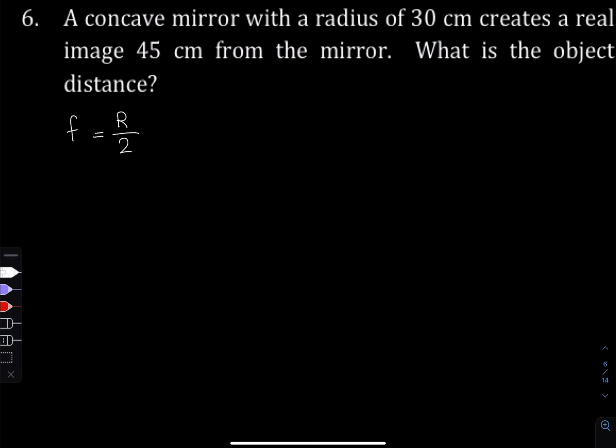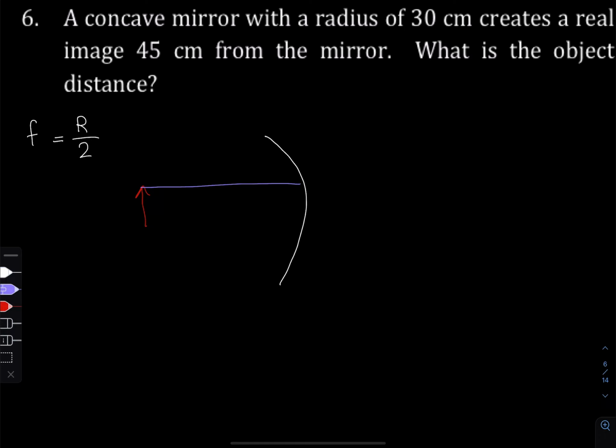Alright, so let me explain this. We can draw it again, just for the sake of understanding. So we have a concave mirror. A concave mirror looks something like this. And so the object is here. Light rays come in, and they reflect off of it and create this image over here.